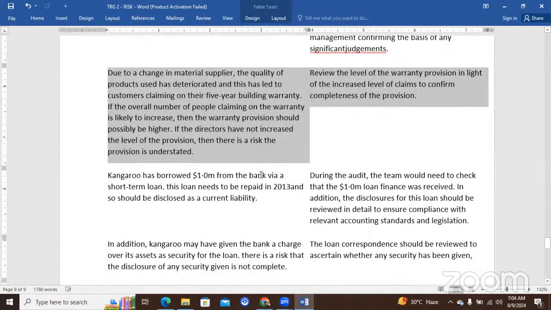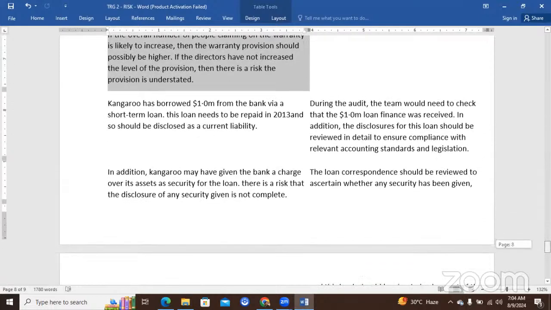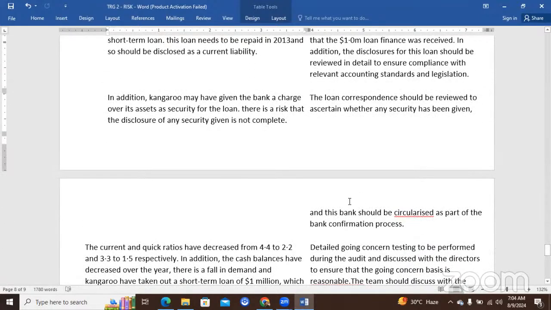Here, Kangaroo borrowed 1 million from the bank via a short-term loan. Therefore, it should be recognized as a current liability only. This loan needs to be repaid in 2013, so it should be disclosed as a current liability. If not, it's a classification problem and financial statements are misstated. In addition, Kangaroo may have given the bank a charge over an asset as security for the loan. There is a risk that disclosure of the security given is not complete.